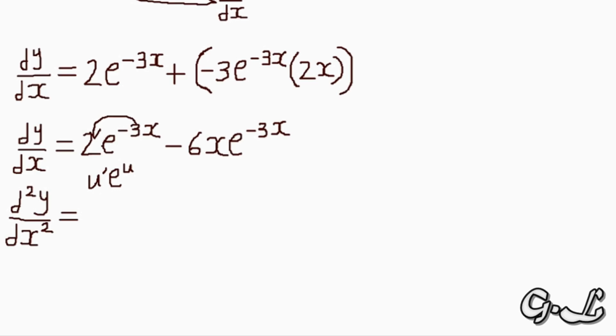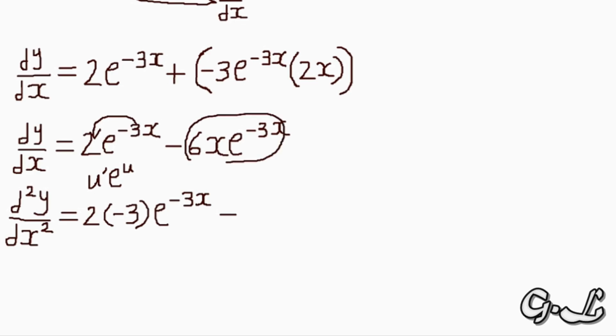When you differentiate negative 3x, you are going to multiply it with a 2. So you're going to say 2 open brackets negative 3 close brackets, and it is going to be e to the negative 3x again, like that.